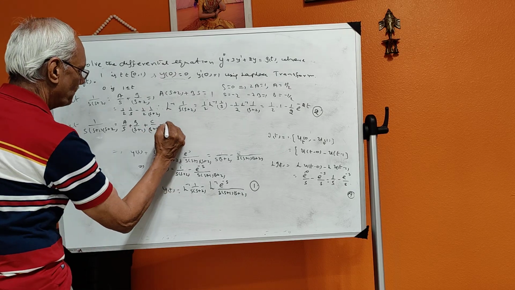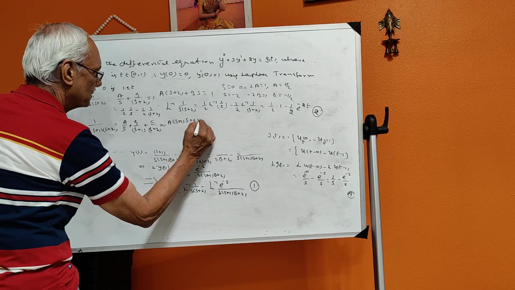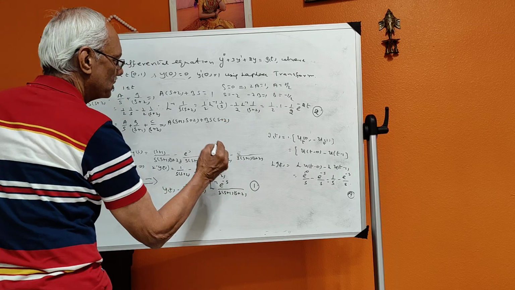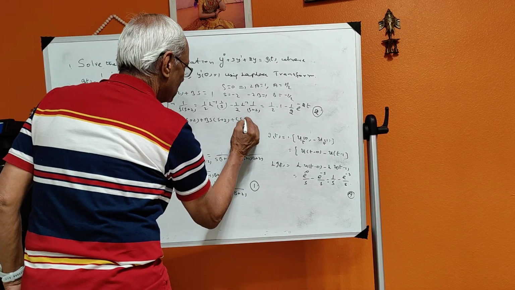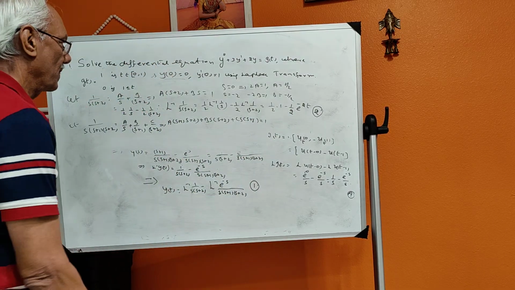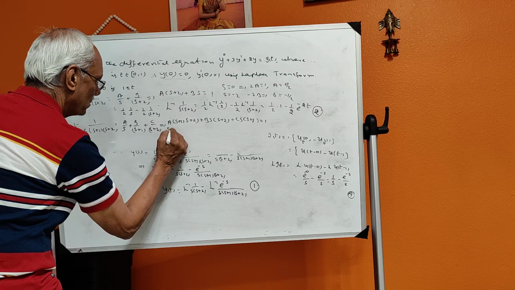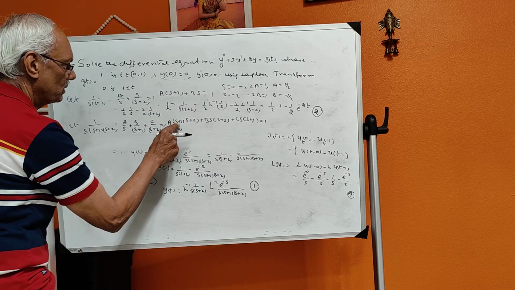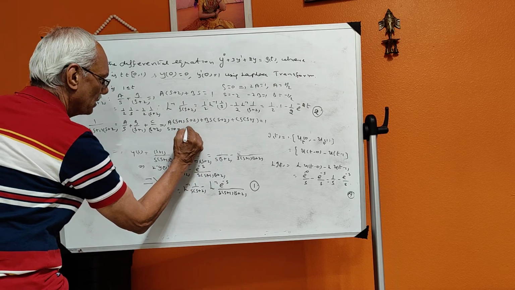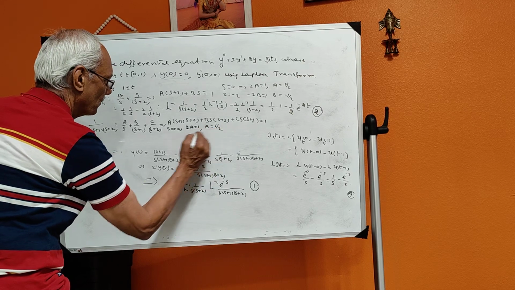This implies a into s plus 1 into s plus 2 plus b into s into s plus 2 plus c s into s plus 1 is equal to 1. So put s is equal to 0. S is equal to 0 means this is 0, this becomes 0, this becomes 0, it is 2a is equal to 1, a is equal to half.